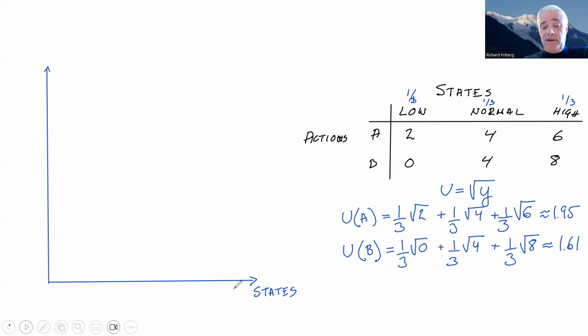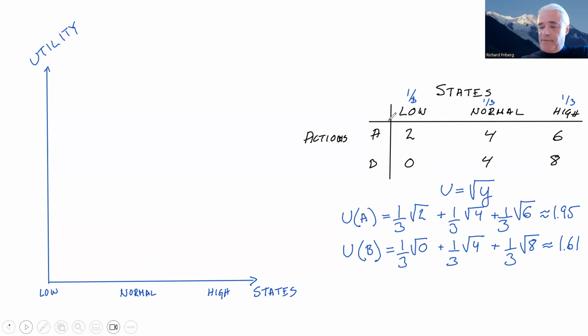So we have states low, normal. This is looking ugly, so let's redo here. Low and high here. And we have utility on the vertical axis.